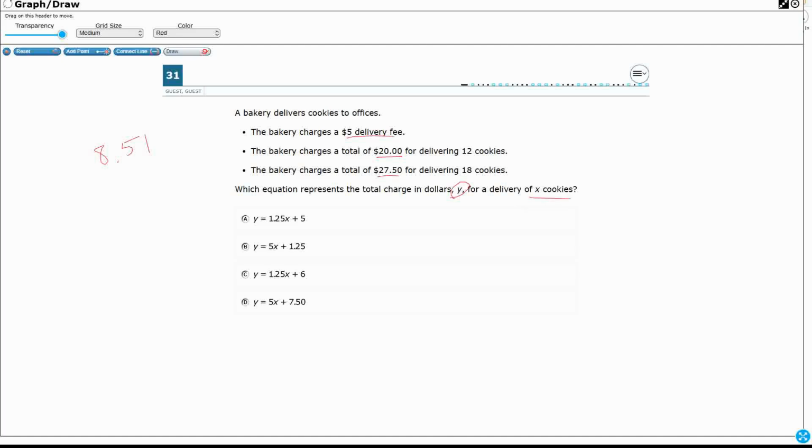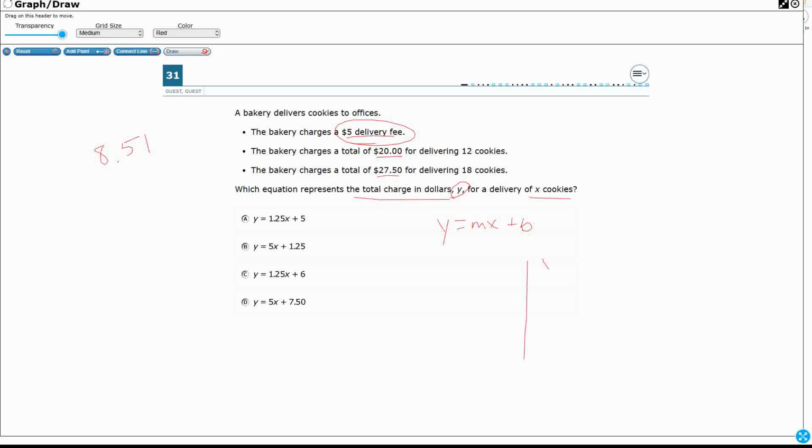Well, what do we know so far? We've got slope-intercept form here because I see a flat delivery fee. Whenever we see a flat delivery fee, that's an unchanging constant, right? So what I have here is we've got a total. So what is our total? Well, our total is our y.